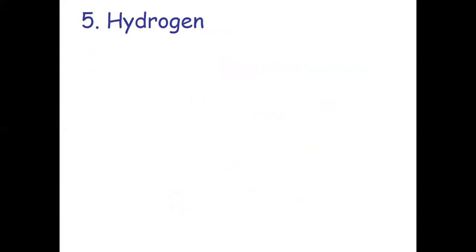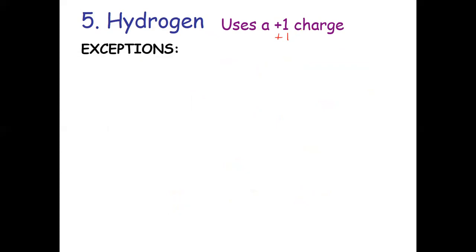Now let's talk a little bit more about that hydrogen. So hydrogen uses a +1 charge. I know that's kind of hidden up there, so let me just click on that, +1 charge. For the most part, you can confidently say hydrogen's going to be a +1 most of the time. There are a couple of exceptions.